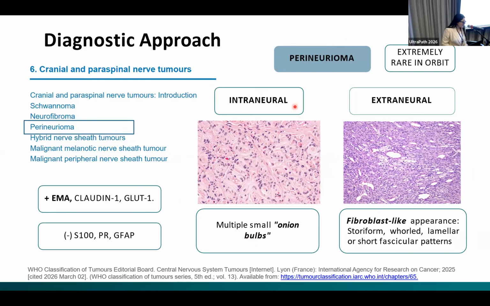We have two subtypes, the intraneural and the extraneural, and I mentioned this entity because it can share some histological features similar to the meningioma. And the immunohistochemical expression is positive for EMA, Claudin-1, and GLUT1.